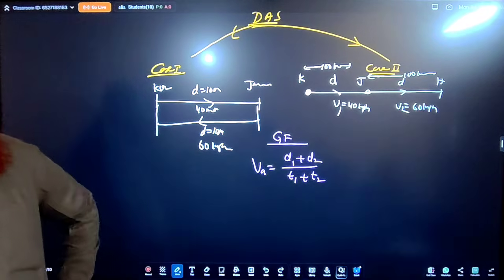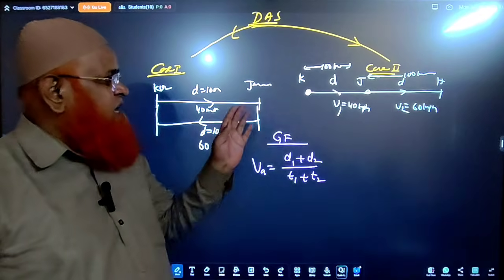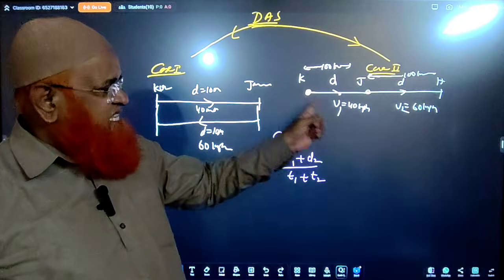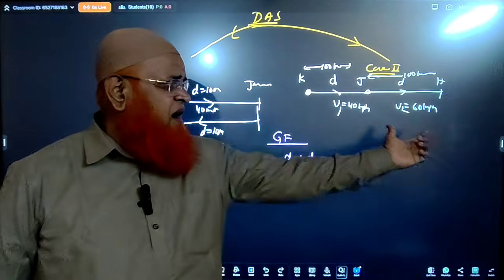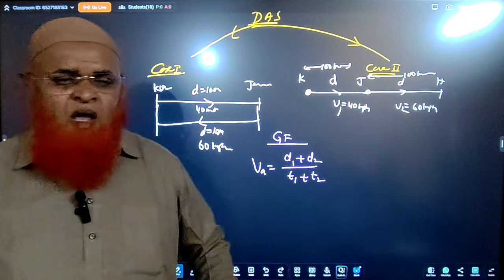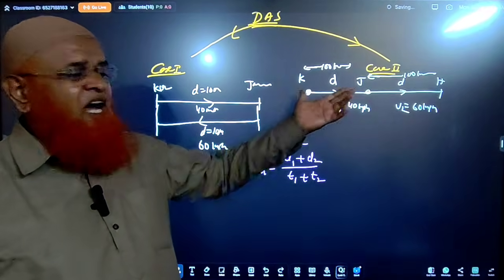But in the question, it is said that a bus is going from Kurnool to Jadcherla with a speed of 40 kilometers per hour, and the same distance from Jadcherla to Hyderabad with a speed of 60 kilometers per hour, then find the average speed. But the time is not given in this case.